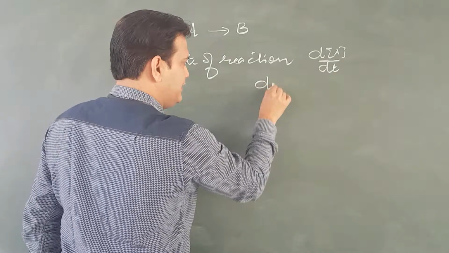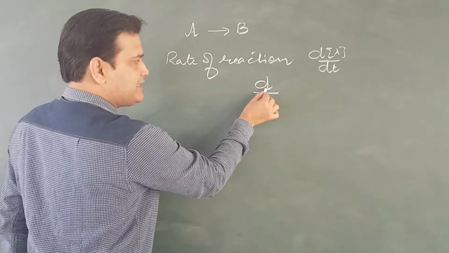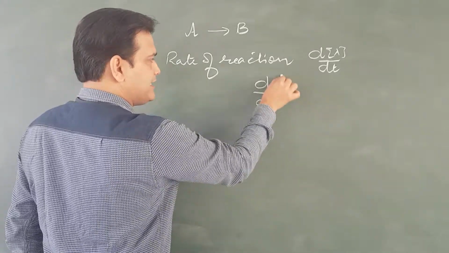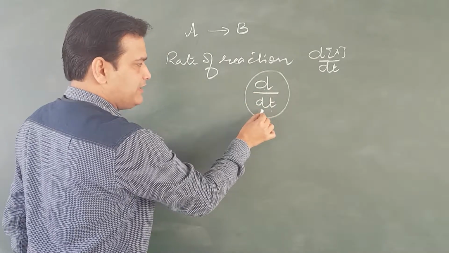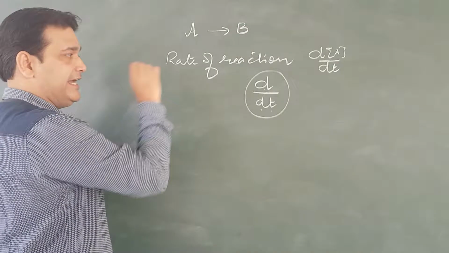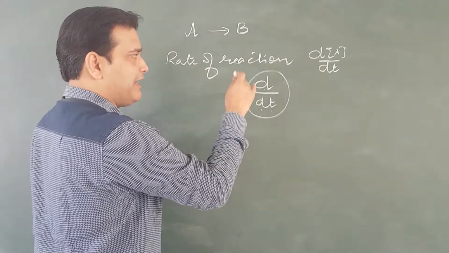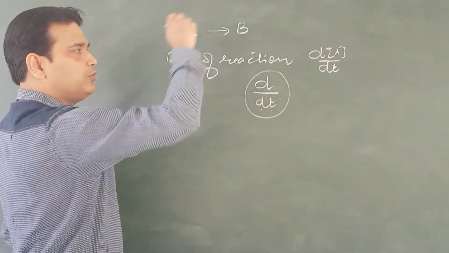This d by dt is change with respect to change in time. This is called rate. Any change with respect to change in time is called rate, or we can say the speed by which A gets converted into B.